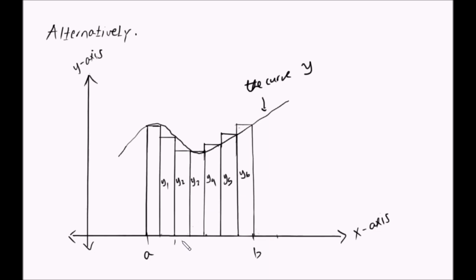So each rectangle width yake ni delta x. Sasa, yeah. So now the mean value, okay, kabla ya kusema hicho, hizi y1, y2, y3, y4, y5, y6 ni values za y, ni length za hizi rectangles.